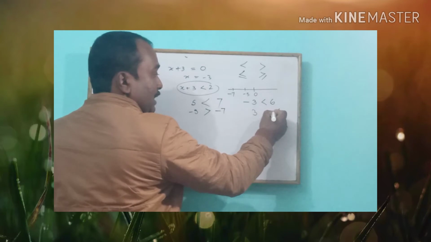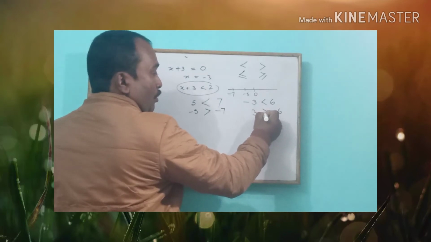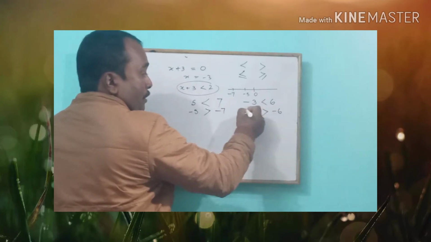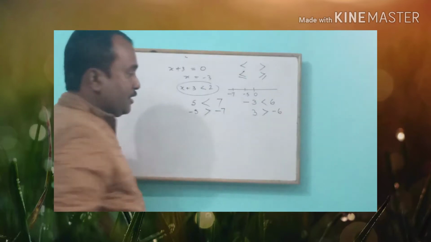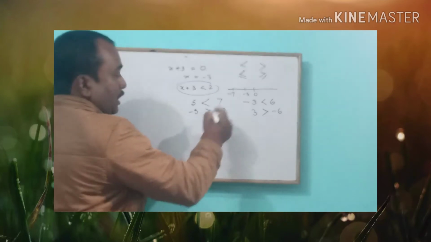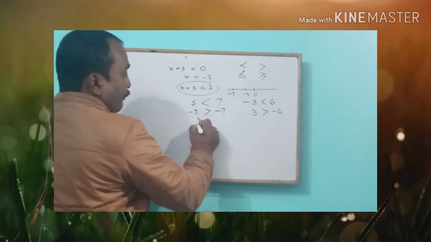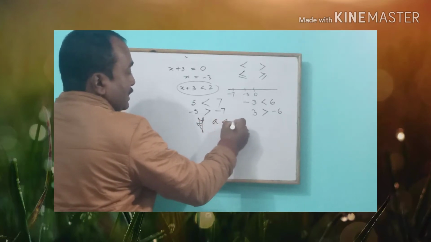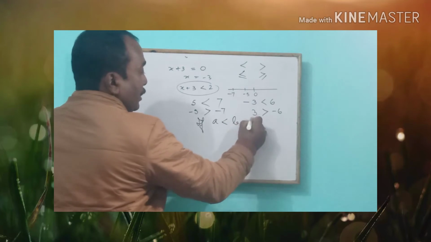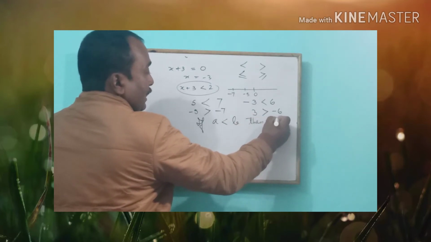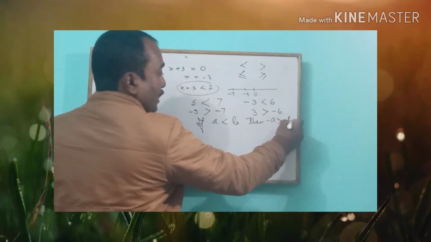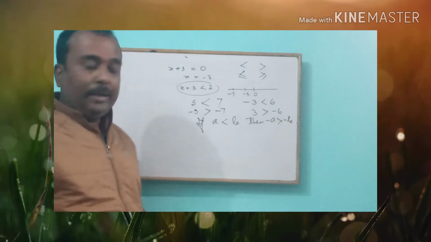Then obviously minus 6 is less than 3, or 3 is greater than minus 6. So what is the conclusion from these two examples? That is, if A is less than B, then minus A is greater than minus B. Is it okay?